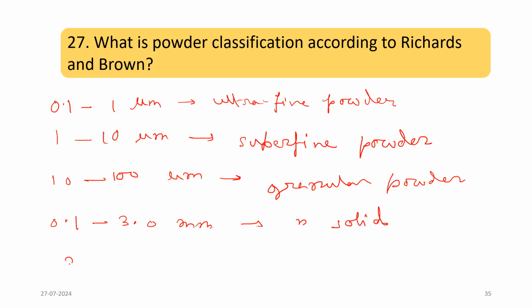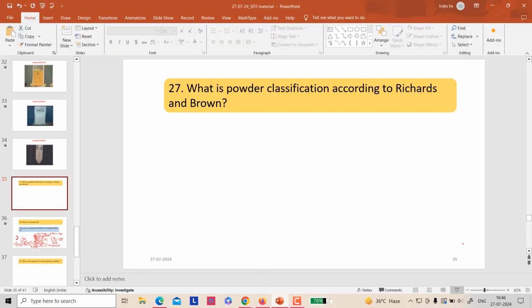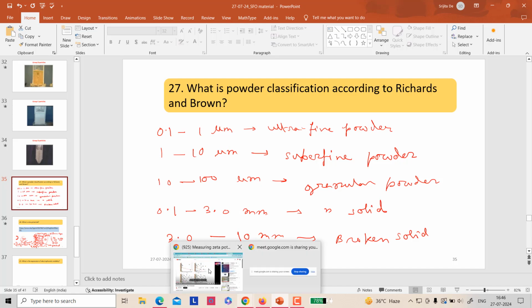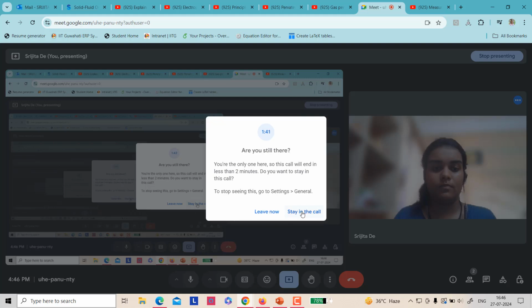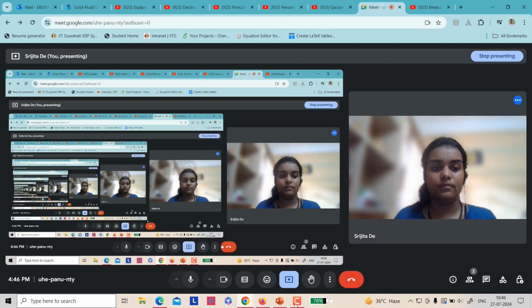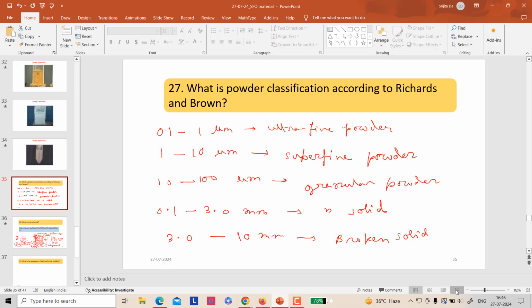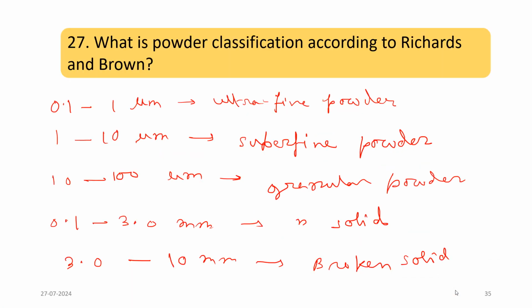And the last one is 3 to 110 millimeter, that is broken solid. So that is the classification of powders as per Richards and Brown.